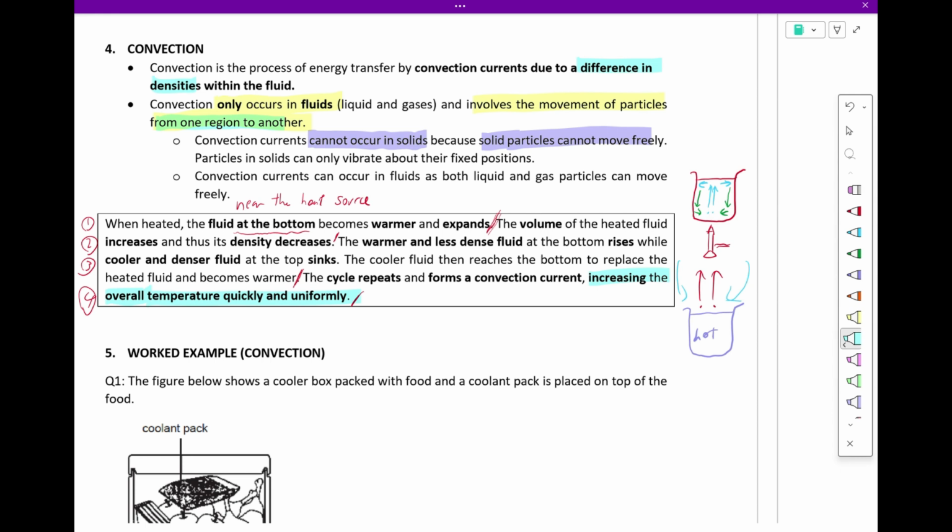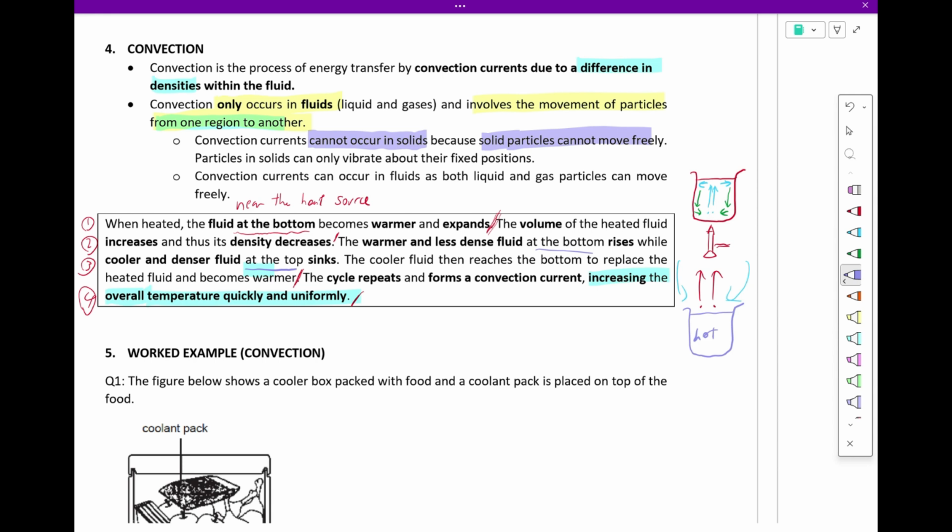The warmer and less dense air will rise up, while cooler and denser air from the surroundings will sink to replace the heated fluid. Okay, so the cycle repeats, forms your convection currents, decreasing the temperature of the hot water quickly and uniformly. So you can see, like I said, thermal chapters are very, very application based.